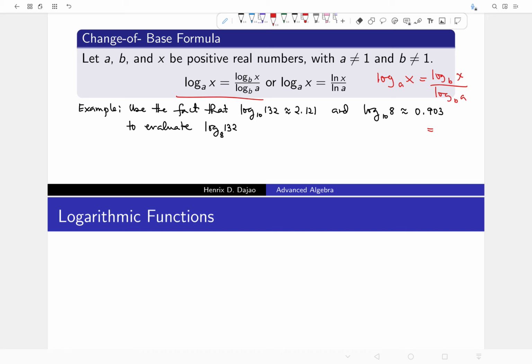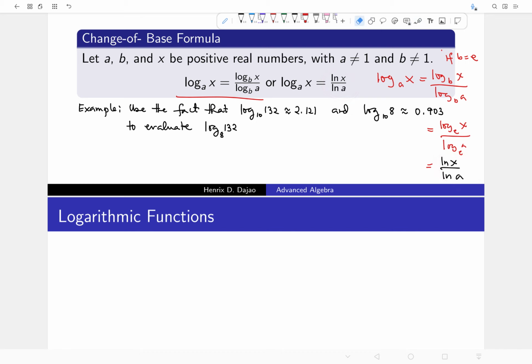Now if b is equal to e, the Euler's number, that is 2 point something, this becomes log of x with base e over log of a with base e. This one is equal to the expression ln x over ln a. So that's why this one is equal to this one.